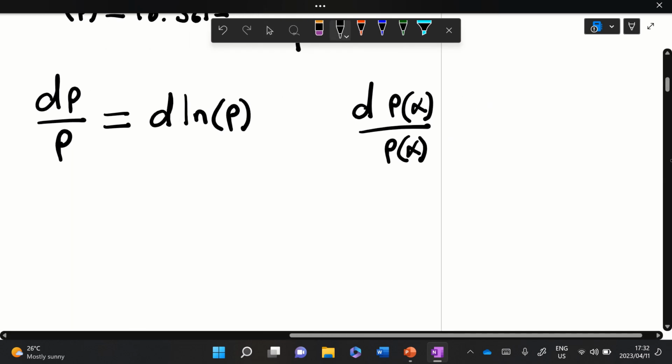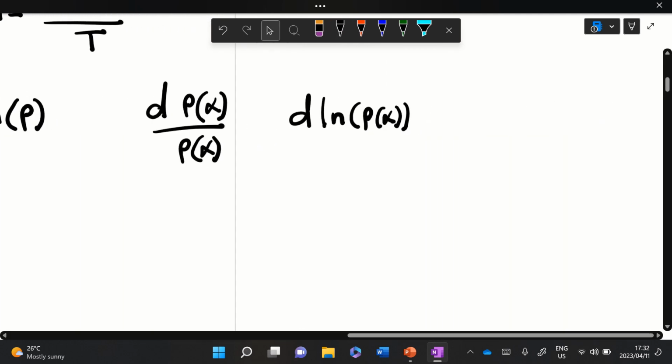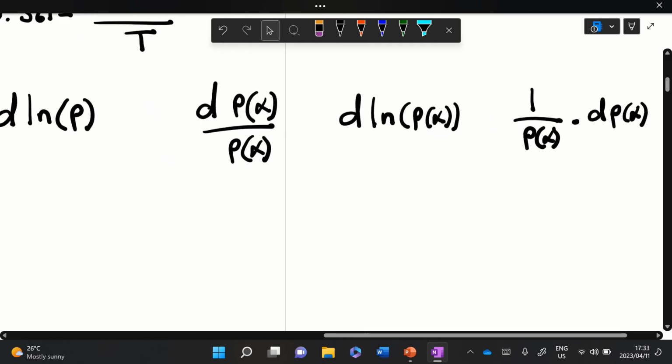When you have d ln of a function, its derivative will be, well, ln's derivative is always 1 over the function. But the function is in itself also a function, so we need to take the derivative of that function as well. And then you see that top part pops out.